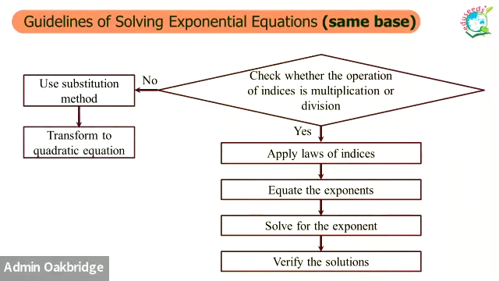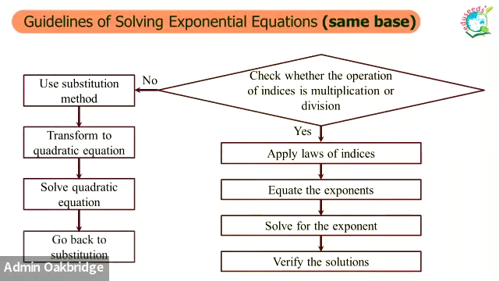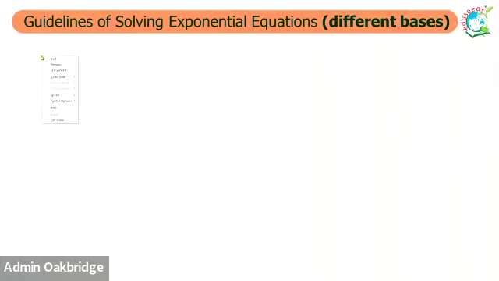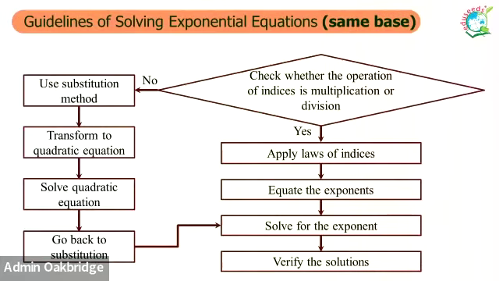Then transform to quadratic equation. Again, solve the quadratic equation, go back to the substitution, and then solve for the exponent, again verify the solutions. Okay, you go another way here. If there's no multiplication or division, you go to here, then come back to this one.